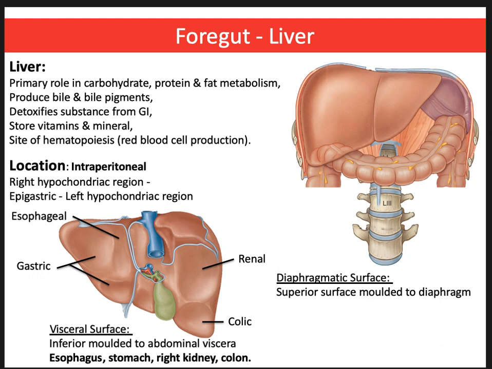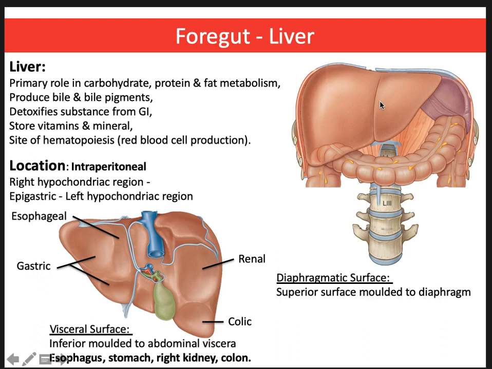You'll see in the lab that all the livers are fairly different. They all have different features and shapes, and you'll notice how heavy they are. They're a filled organ, really heavy, filled with blood.